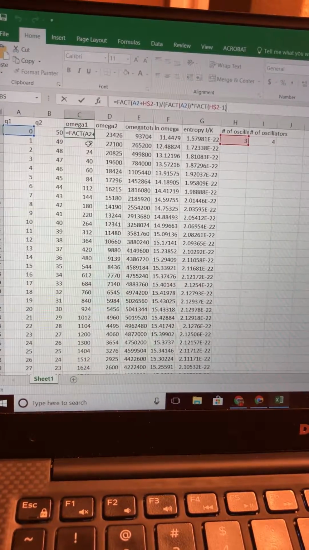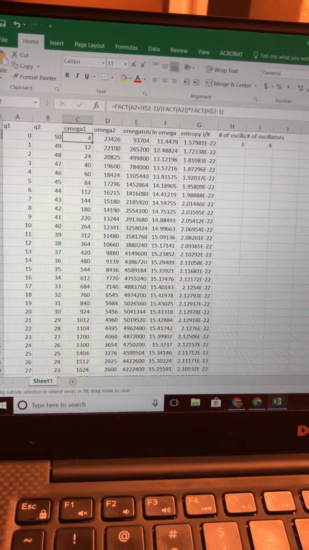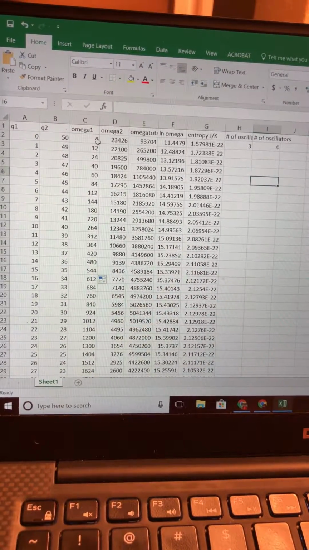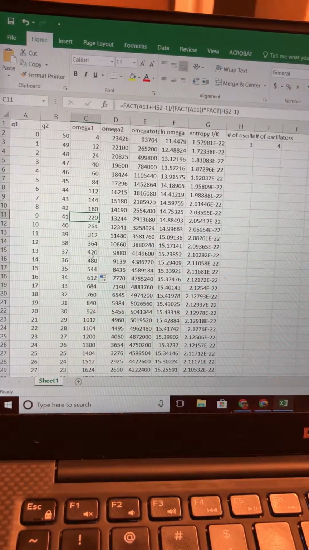Then you just take that cell and drag it down, and it gives you the corresponding omegas for Q1.